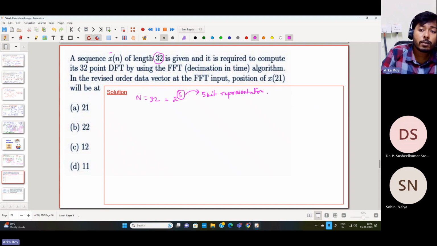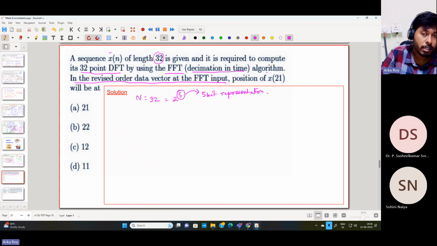So we have to compute a 32-point DFT using the FFT decimation in time algorithm, with the reversed order data vector at the FFT input. So we need to reverse the order of the FFT input.